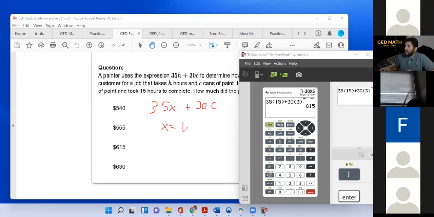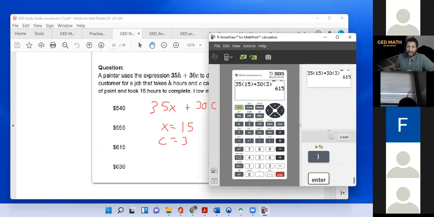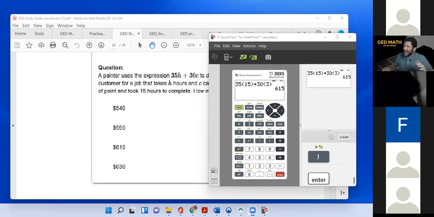X is equal to 15. C is equal to 3. Okay, so let me save this first with that answer there. Mr. Tinsley, where'd you get X from?